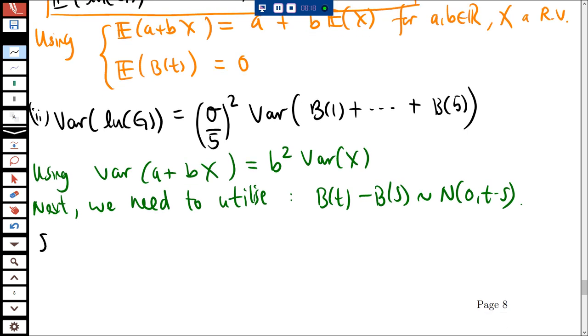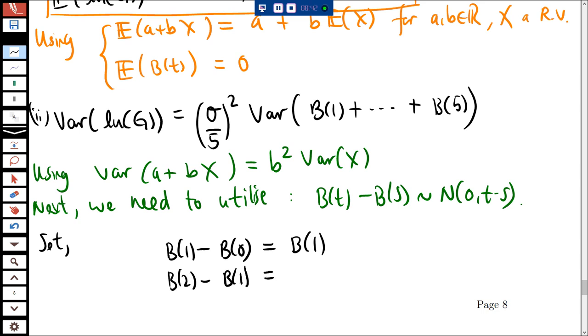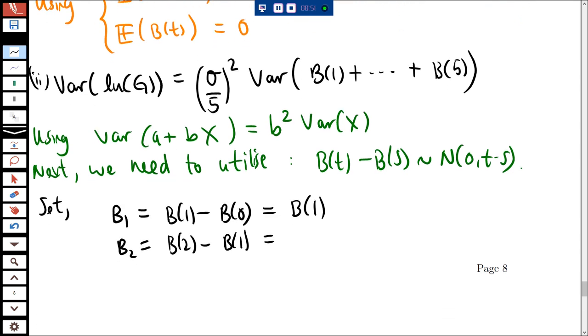Okay, so it makes sense to state some variables which we do know the variance for. So we do know the variance for the increment, b1 to b0. Well, b0 is 0, so that's just b1. We do know the variance of the increment b2 take away b1. So I think I'm going to give these names. I'll call this one b1, I'll call this one b2.